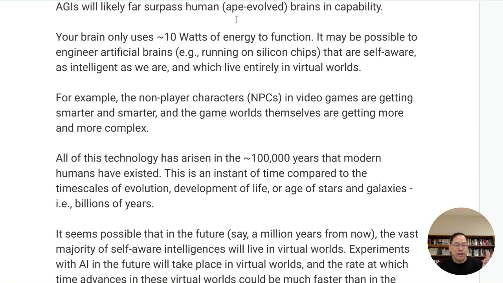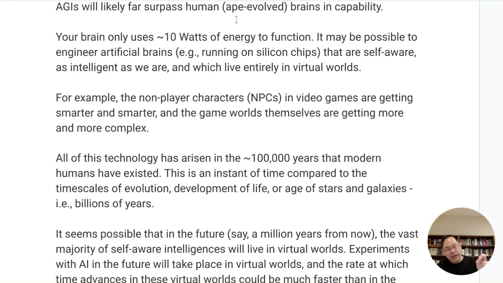Remember, this 100,000 years or this 1,000 years is meant to be compared to the 5 billion years that the Earth has been around, the 13.5 billion years since the Big Bang.